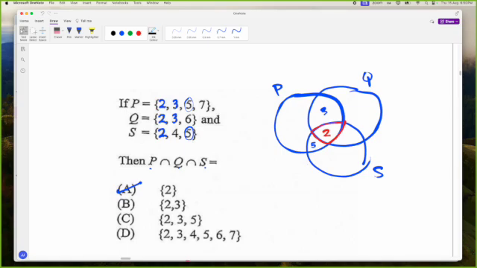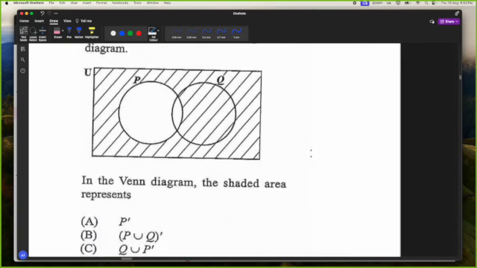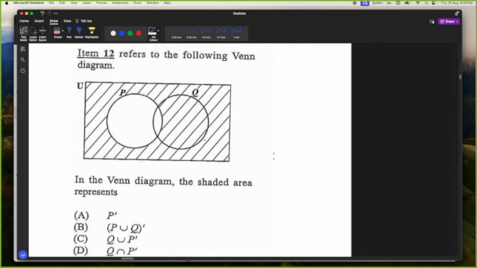Then what do we have here? Nobody else is intersecting anywhere. So P will have 7 in it, Q will have 6 in it, and S will have 4 in it over here. This is what the Venn diagram for this question would look like, even though you weren't asked to draw it.